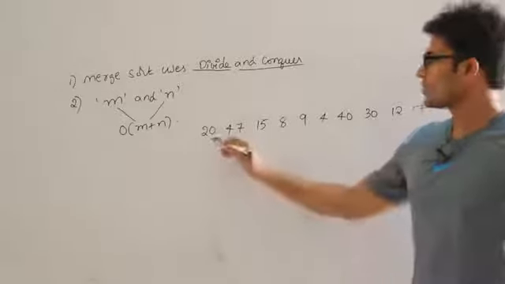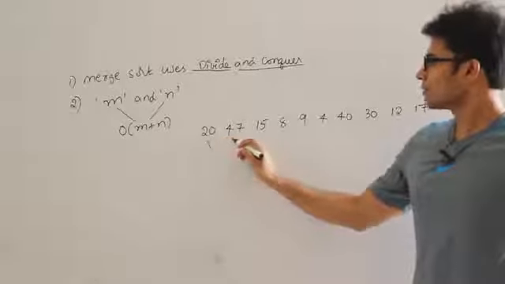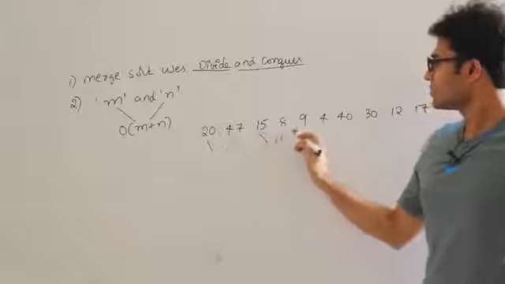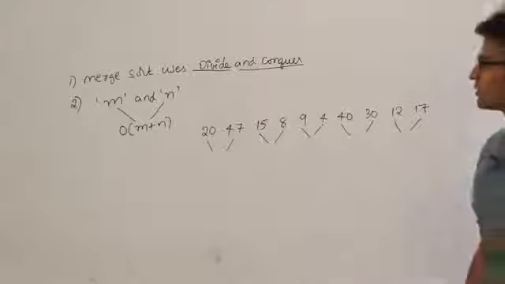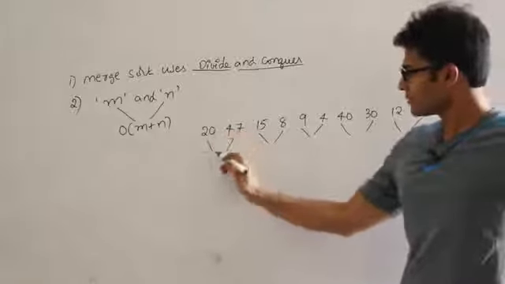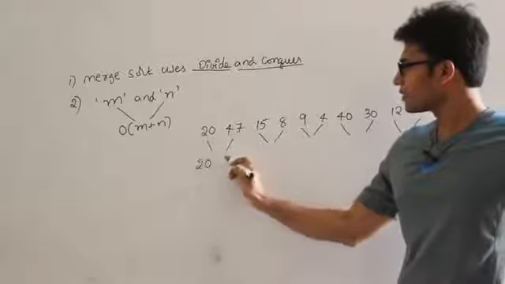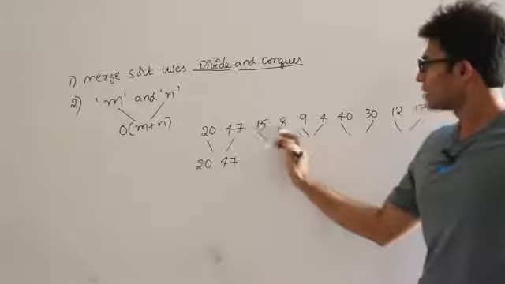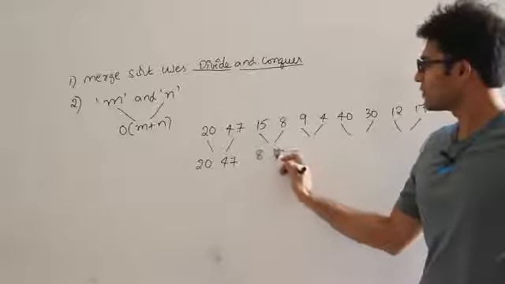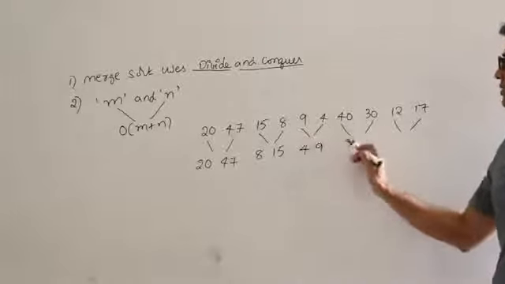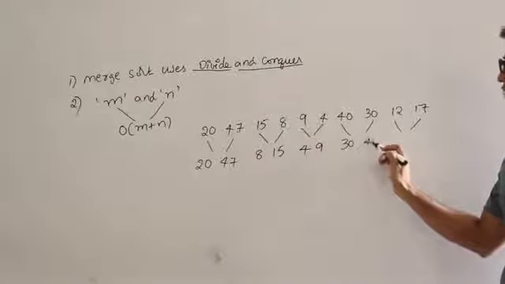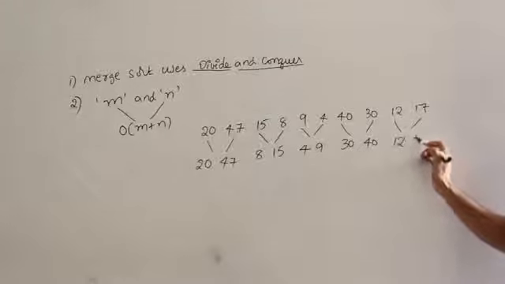So if I use two-way merging, then these two will be merged, these two will be merged, these two will be merged, these two and these two will be merged. Then what do I get? By merging them, I'll get a sorted list 20, 47. By merging them, I get a sorted list 8 and 15. By merging them, 4 and 9. 30 and 40. 12 and 17.